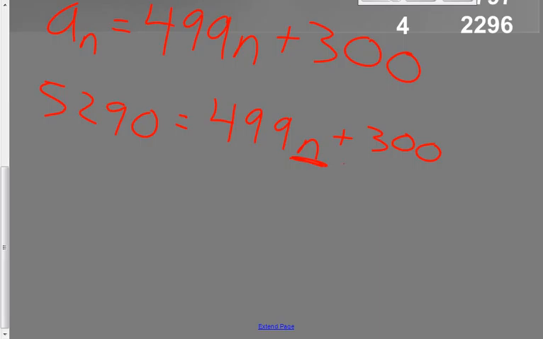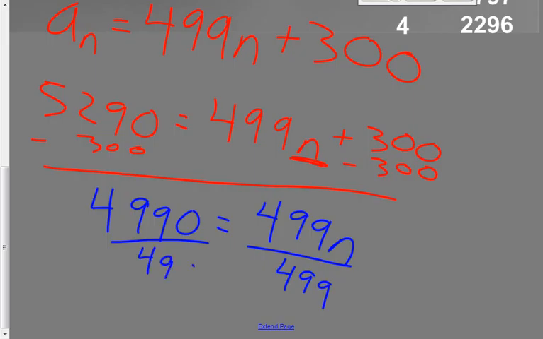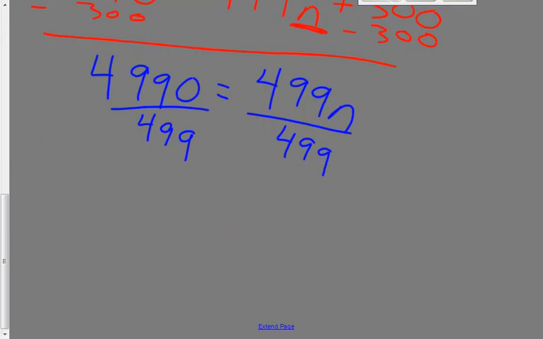If I subtract 3 from both sides, I now end up with 49.90. That equals 4.99 multiplied by n. And then lastly, I divide both sides by 4.99. And I get n to equal 10 days.